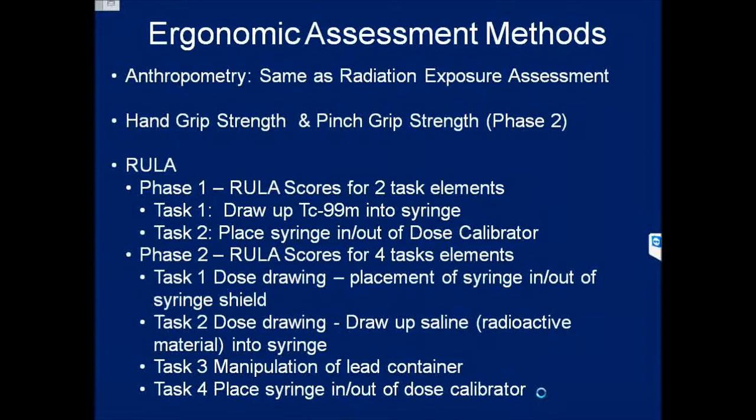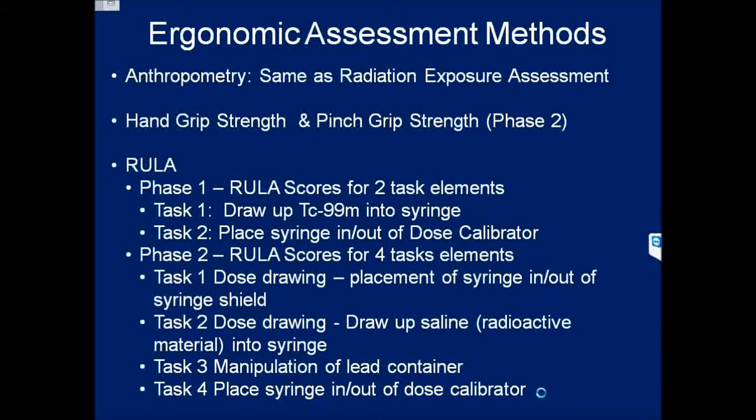Okay, this is the equipment I use for my hand grip strength and pinch grip strength, and there are some methods that you would use if you wanted to use this in your project that we could help you learn.